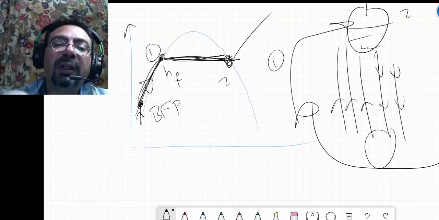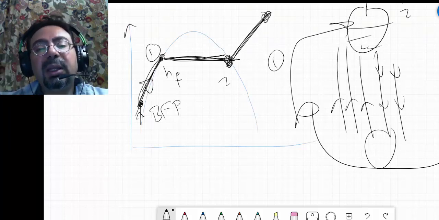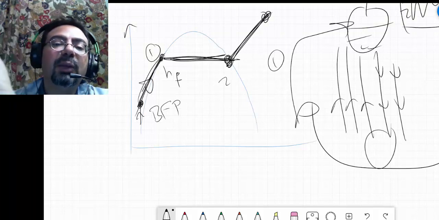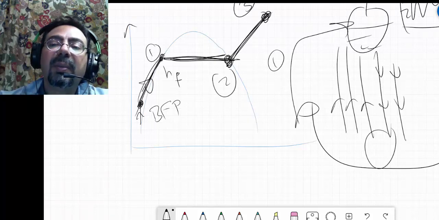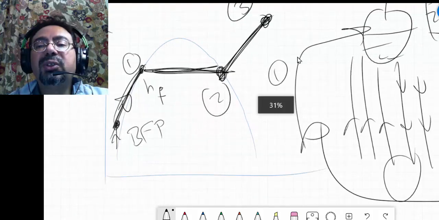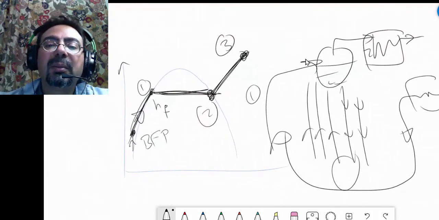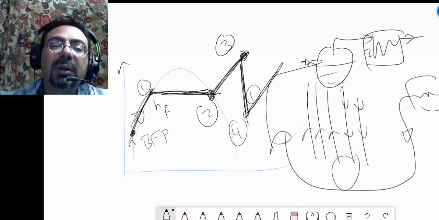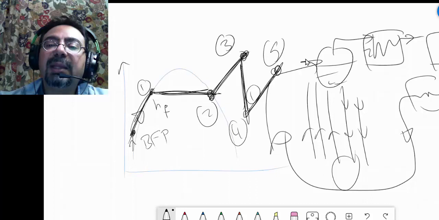Once he leaves over here, he needs to do the superheating part, and that's when he goes into the superheater. That will take him to 3. And from 3 he goes to the high pressure turbine, expands, and then comes back again, say at 4 for reheat, and leaves at 5. So the steam comes over here at 4 and leaves at 5.